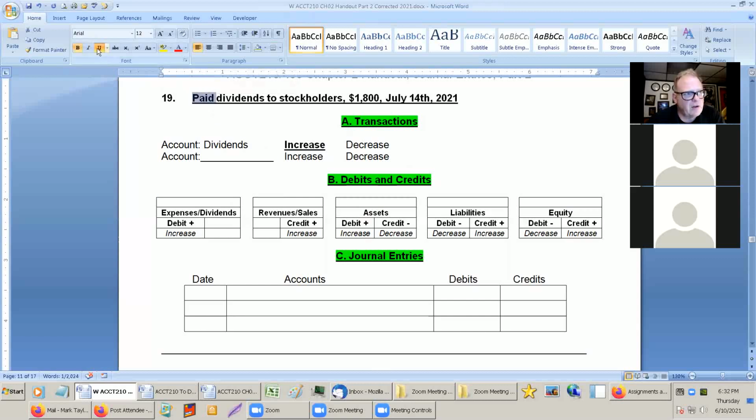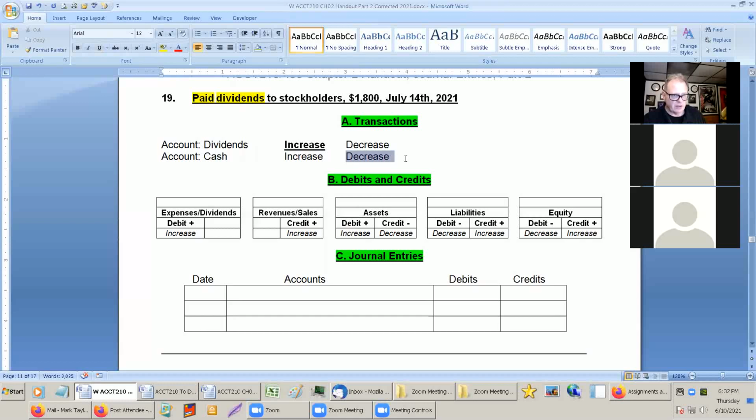Okay, what did we pay them with, do you think? We paid for the dividends. Cash. Yep. So we send out checks to the owners. We paid cash.